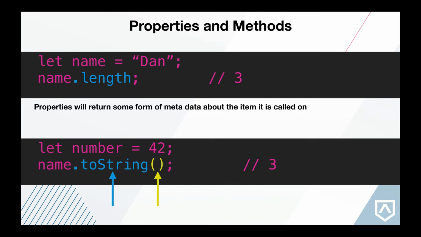Those parentheses actually allow us to call a method, and that will actually invoke a function. We'll learn about functions in a little bit, but it invokes the function and it manipulates the data and gives us some new data back. So methods are actually going to manipulate the item or the data in some way.